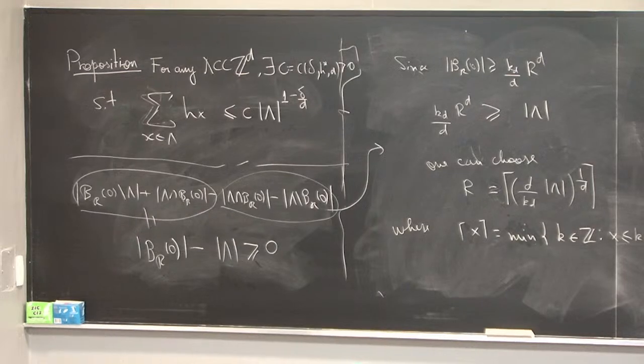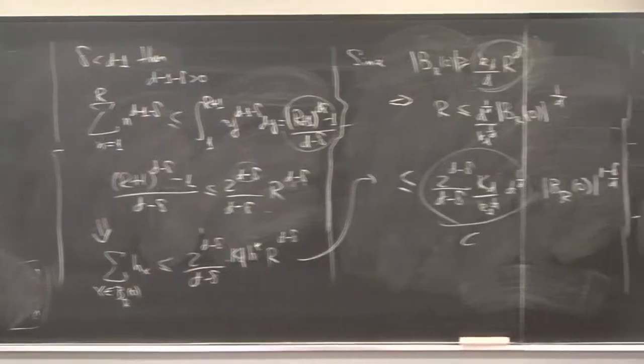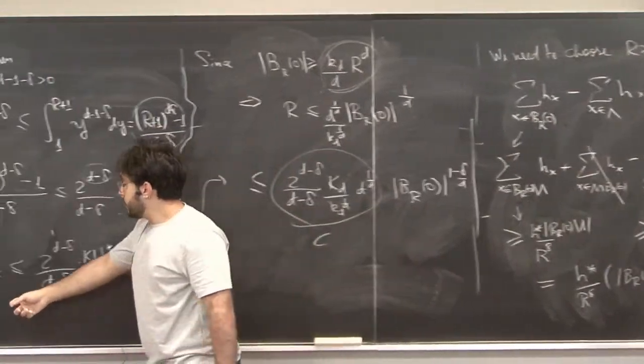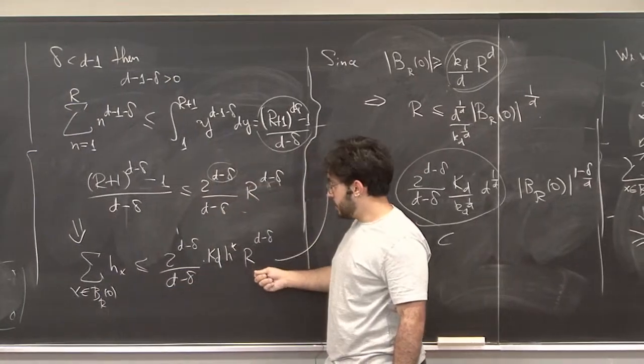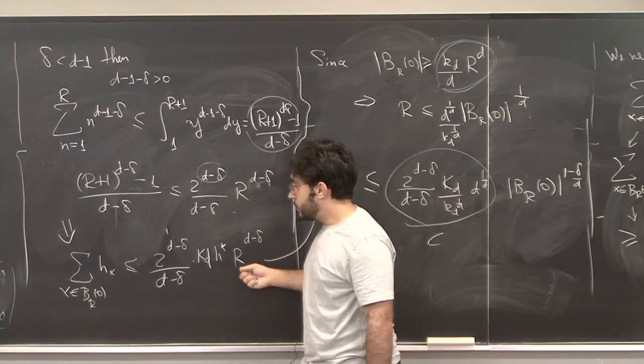And what it means for the field is the following. I know that the field over the ball is less than this quantity over here. Okay, less than this quantity over here.